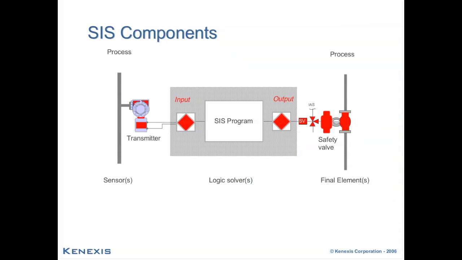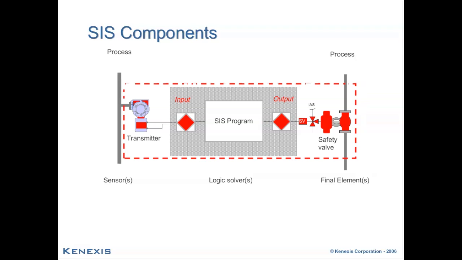As I mentioned, it's comprised of different components, including field devices that are separate from the basic process control system. The sensors are separate. The final control elements are separate. And typically in the middle we have a safety instrumented system logic solver, which could be a programmable device but doesn't always need to be a programmable system.